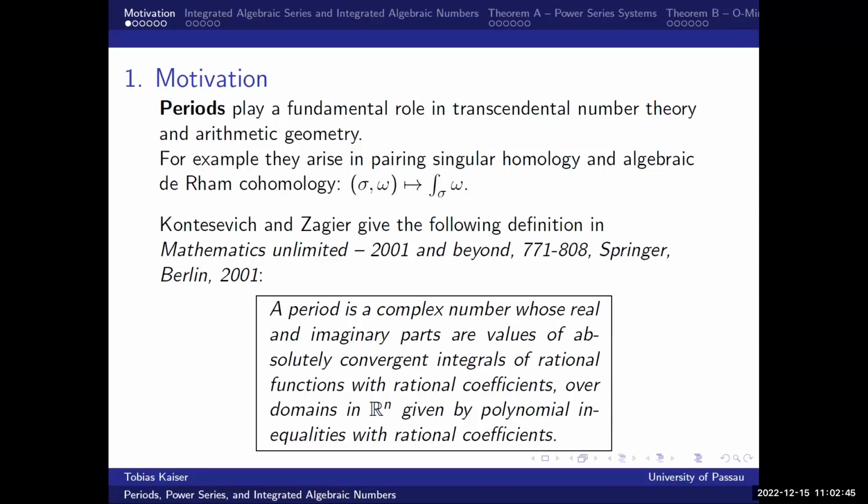A period is a complex number whose real and imaginary parts are values of absolutely convergent integrals of rational functions with rational coefficients over domains in R^n, given by polynomial inequalities with rational coefficients. So in other words, I integrate a function, semi-algebraic over Q, over a domain, semi-algebraic over Q.